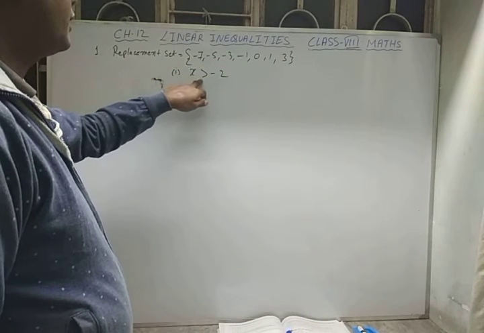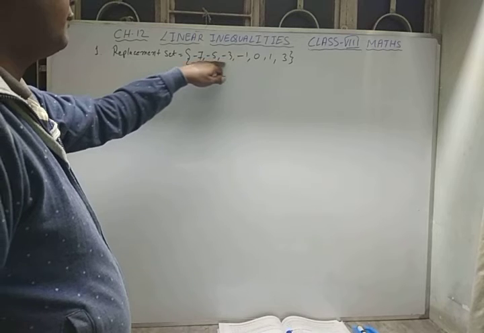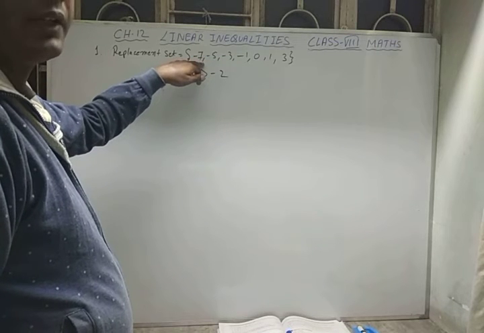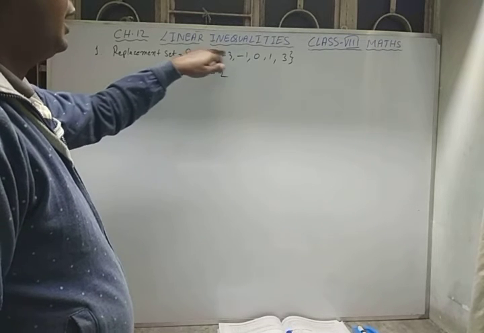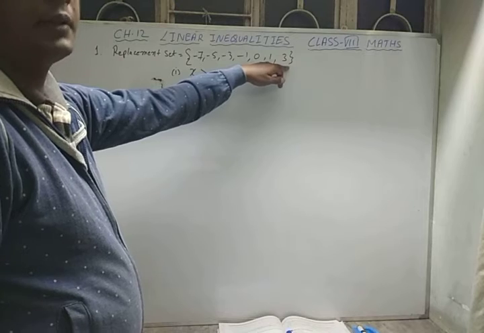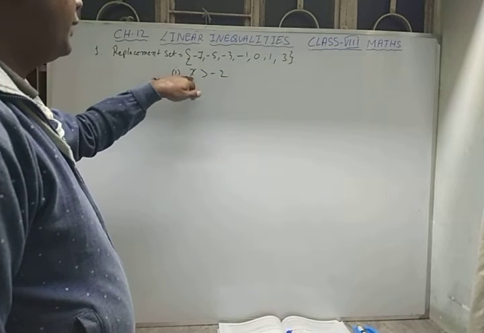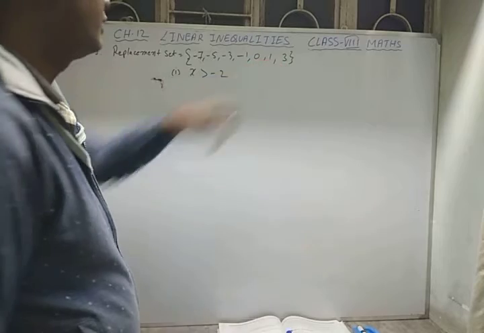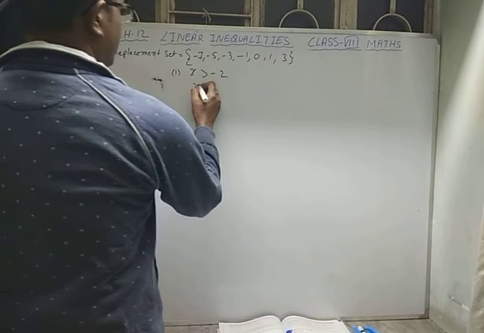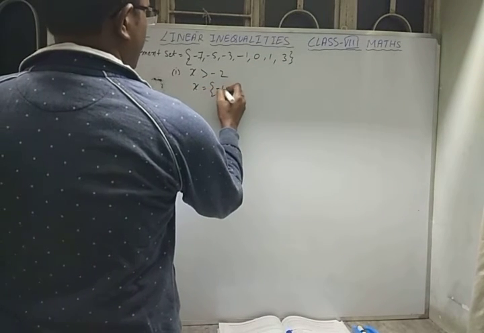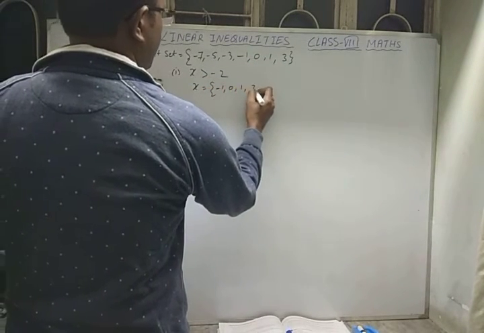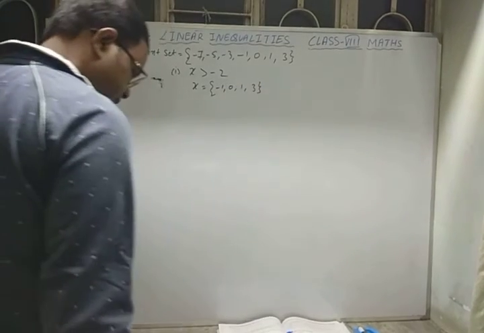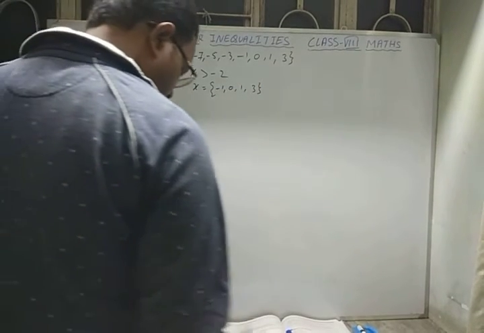As you know, as we move to the left numbers become smaller, and as we move to the right they become greater. So the values of x greater than minus 2 are minus 1, 0, 1 and 3. So the solution set is minus 1, 0, 1 and 3. That is the answer.